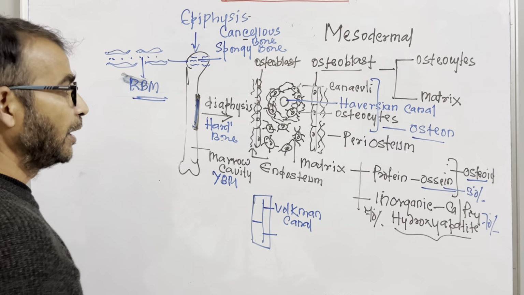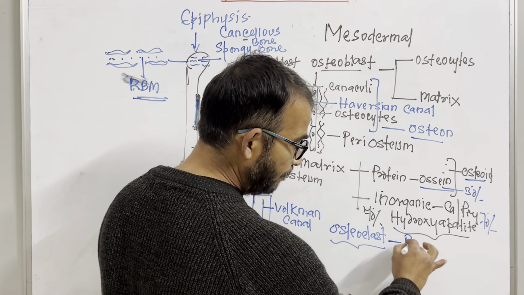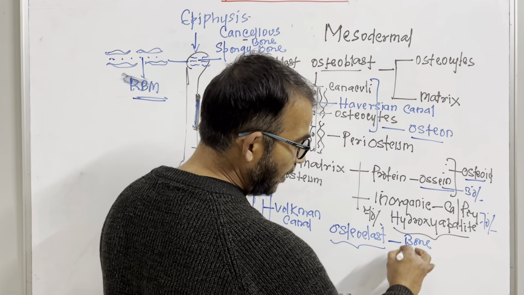The osteoclast is basically the bone cell which is responsible for bone resorption. Bone resorption means what? We will discuss bone resorption with respect to the osteoclast and the hormones given in your NCERT.